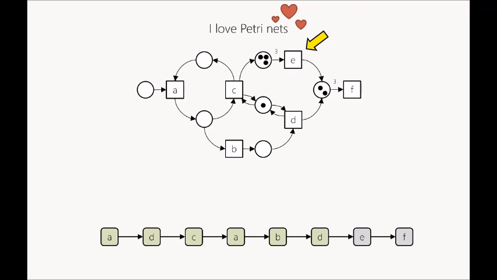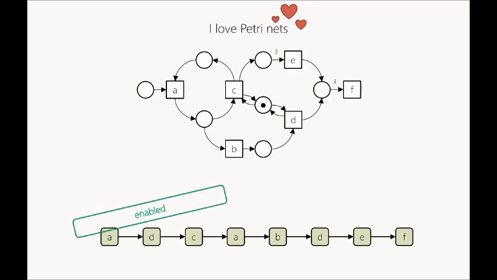And now E is enabled, and firing E will remove all the 3 tokens and produce a token in the post set of E. Now finally F is enabled as well. Again, we need 3 tokens. F is enabled, and firing F leads to this marking over here. So all the events of the firing sequence were enabled, so this is valid behavior of our Petri net.